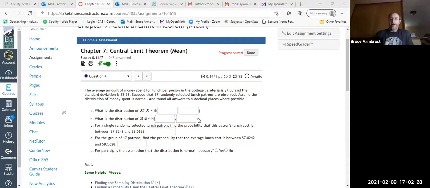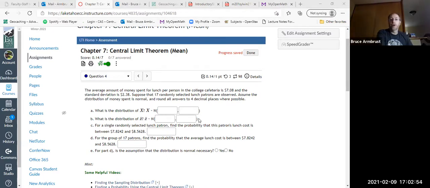So what I've got up here is one of the ones from the central limit theorem about means. It's question number 4, I just grabbed this one at random, but let's see how this relates to what we talked about. It says the average amount of money spent for lunch per person in the college cafeteria is $7.08. And the standard deviation is $2.38.